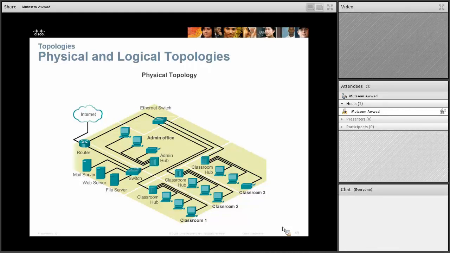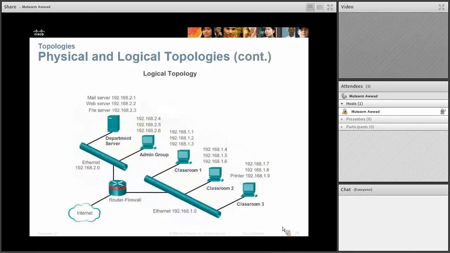One of the first uncomfortable things when you get a new job is you don't know what to do on your first day. Well, there's something to do. You need to know the physical topology and the logical topology: what subnet each PC is located in, and what their IP addresses are, so in case there's any troubleshooting, or you need to add or take out a device.